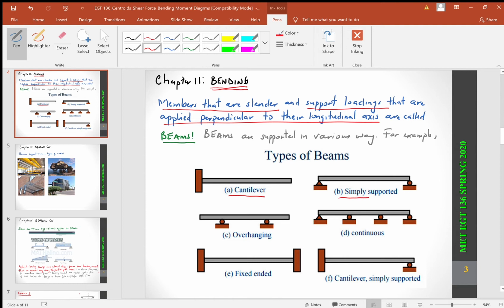You can have what you know as a simply supported beam. You can have an overhanging beam, because the supports are right here and the beam is hanging over the supports. And then you have a continuous type of beam, right? You have fixed end. So these are some of the variations of the types of beams that we would encounter.